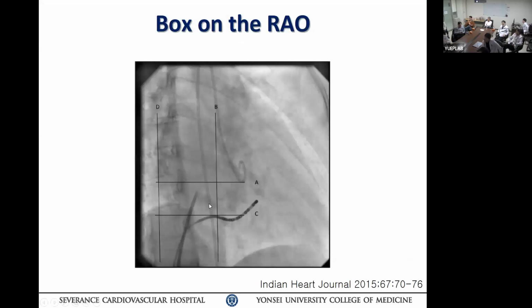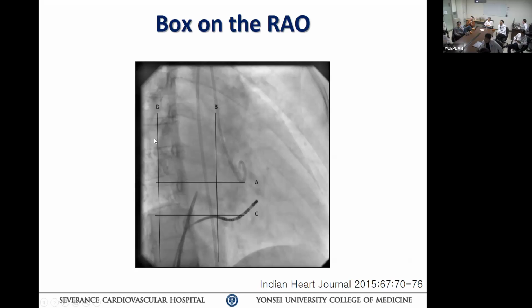This is the box where you should aim for transseptal puncture. This is a picture from the journal, but first I'll explain. You see the pigtail catheter in the aorta, which represents the aorta. This can be substituted by the quadripolar His catheter. So the septal puncture aim should be posterior to the His catheter and should be superior to the coronary sinus catheter.